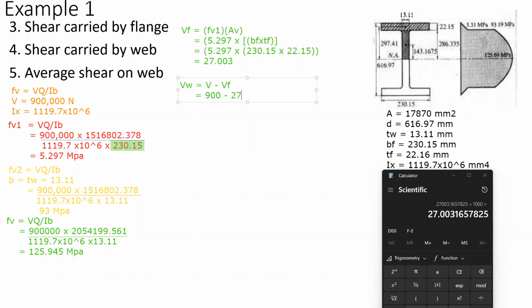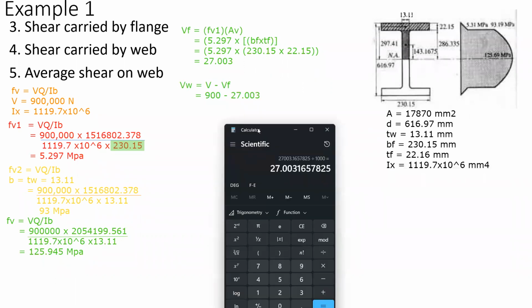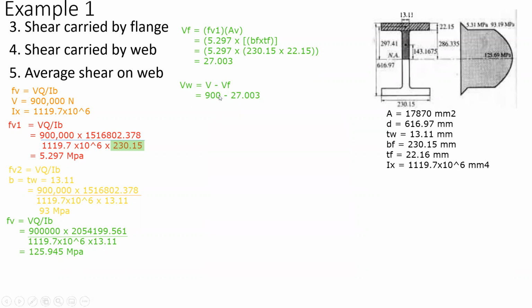This is 27.003. So let us check how much that is. We have 900 minus 27.003. So ang natitira, you have 872.997, and that is how much shear ang binubuhat ng web natin. This is also in kilonewtons.